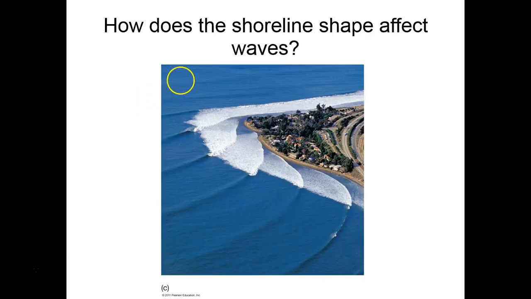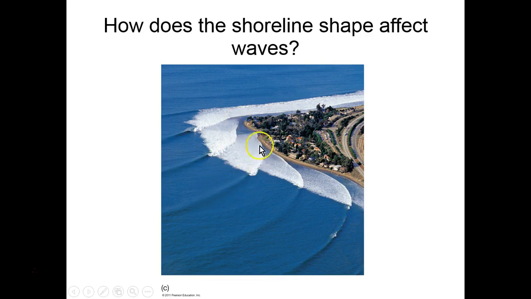Okay, so the shape of the shoreline is then going to affect what the waves look like, right? So we can see here we have this area where the land is jutting out, and you have this wave train that's coming in at an angle. As one side of a wave touches the shallower part of the water, it is slowed down and bends towards the land.